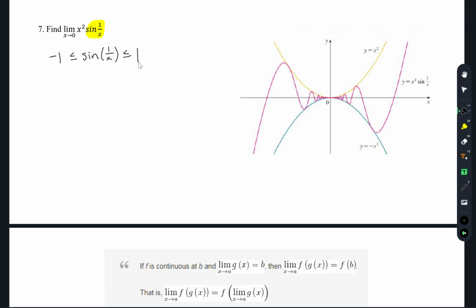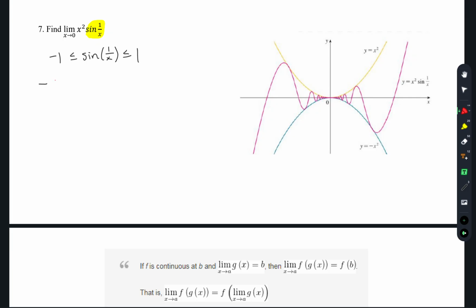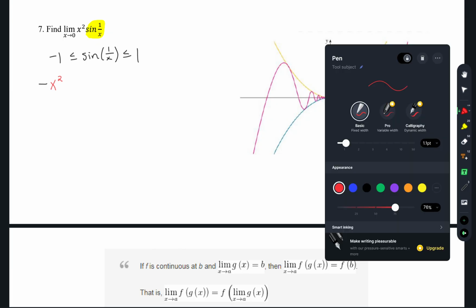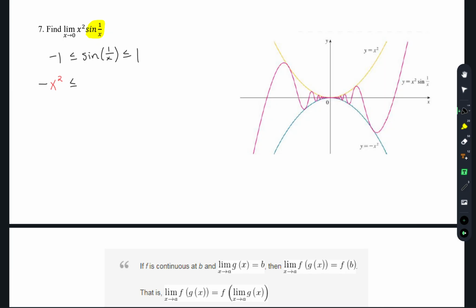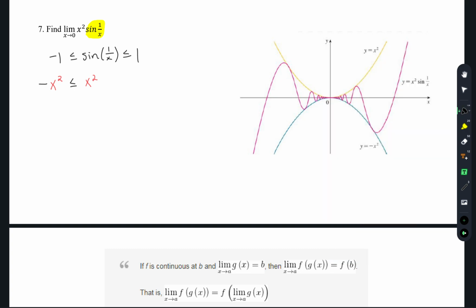Now what you're doing is messing with both sides to try to make it look like this original limit. So I'm going to multiply everything by x squared, because the goal is to make it look like the limit above it.